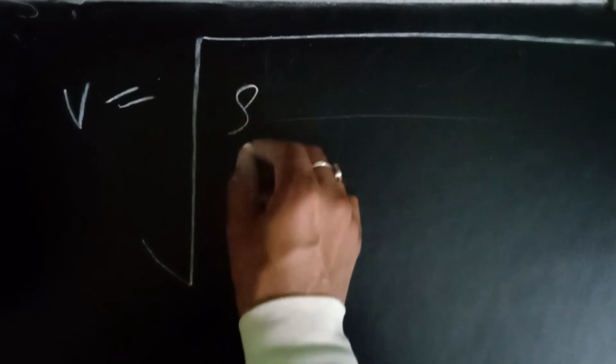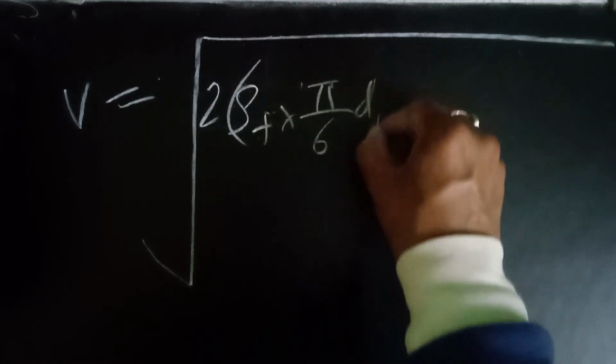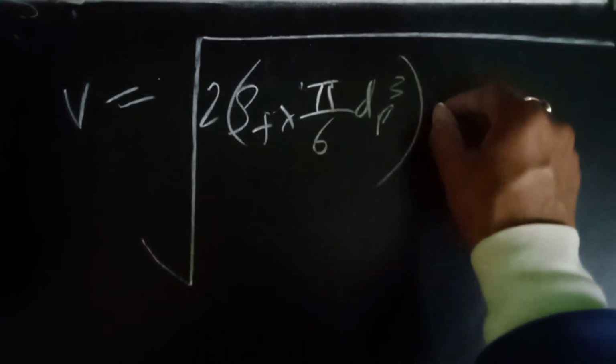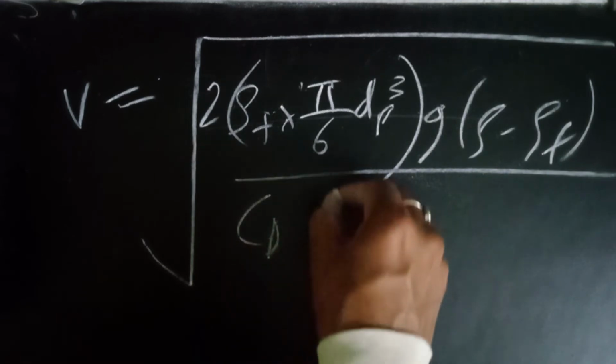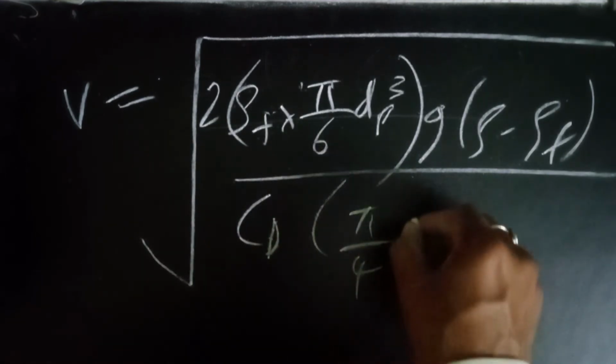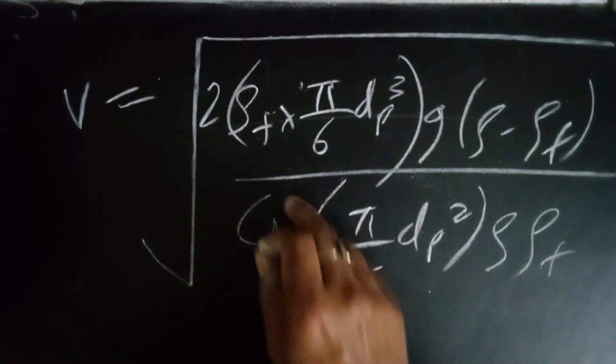So if I substitute mass as density into volume, so 2 mg, mass is density of particle into volume of sphere, that is pi by 6 dp cube into g into (rho minus rho f) divided by Cd into area, pi by 4 dp square into rho f.